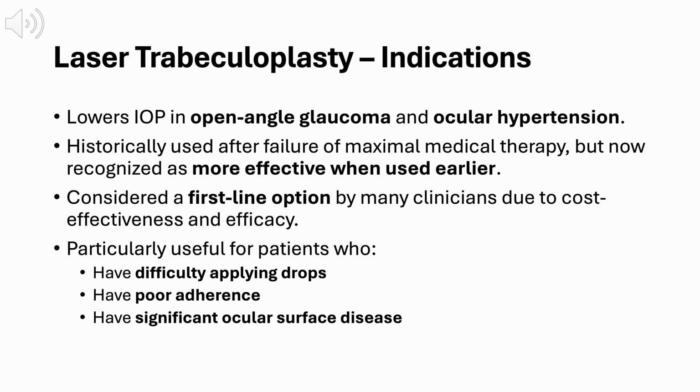Because it offers meaningful pressure reduction without the burden of daily drops, many clinicians view it as a first-line option. That makes it especially valuable for patients who struggle to instill drops, those with poor adherence, or patients whose ocular surface disease worsens with topical medications. In these groups, laser can offer both therapeutic and quality-of-life advantages.